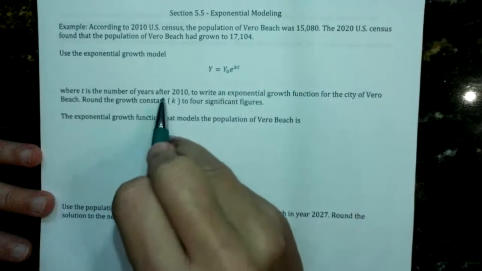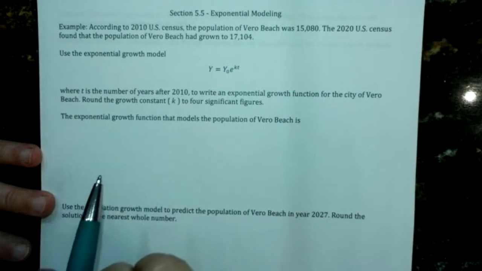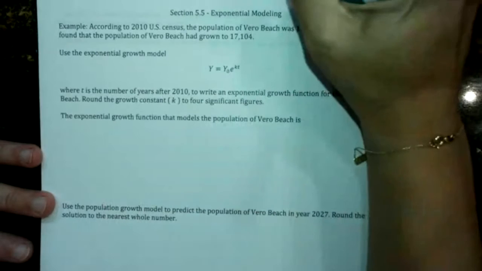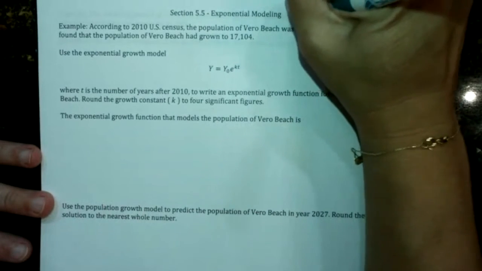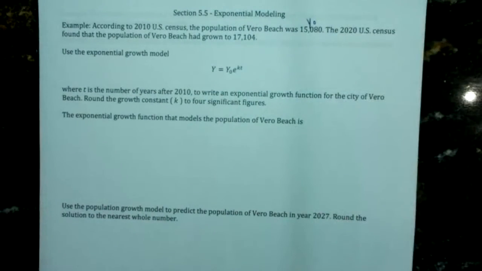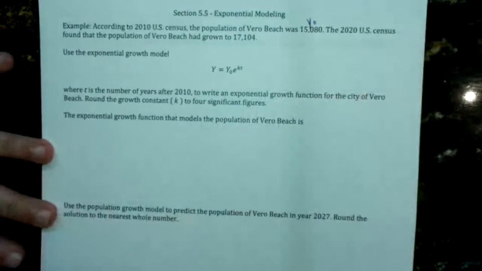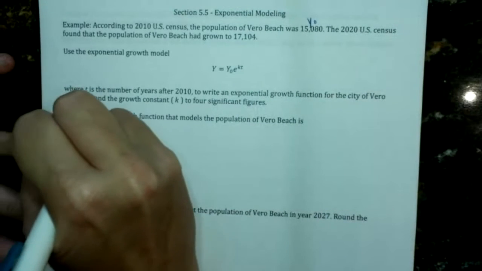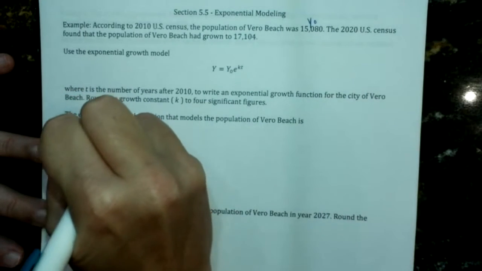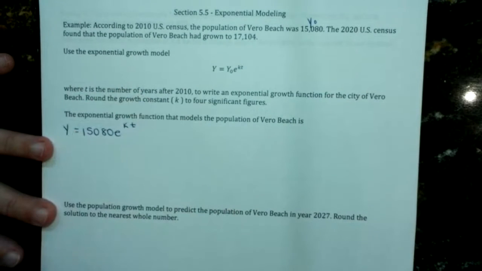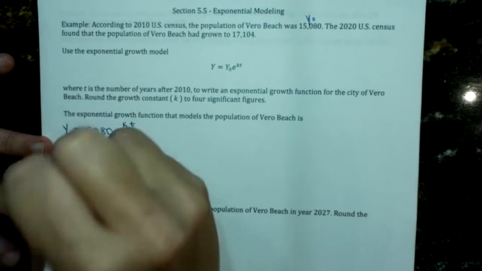Remember, t is the years after 2000. So we're starting off with our y sub 0 being 15,080. So y equals 15,080 e to the k times t. We need to find k.